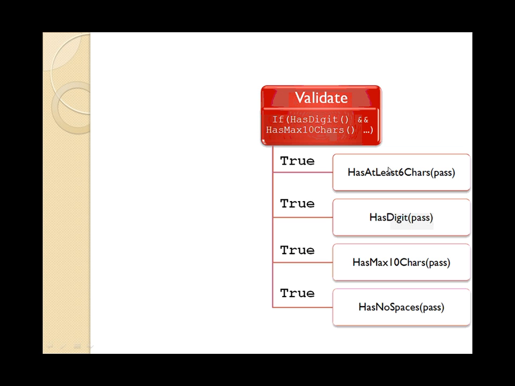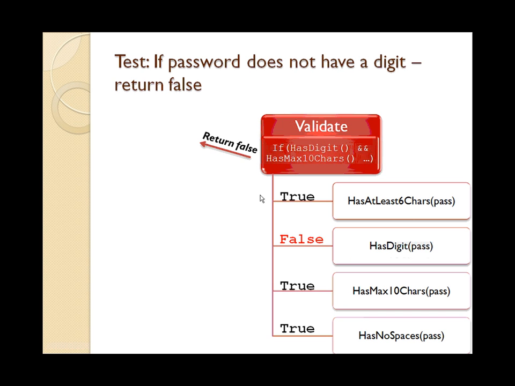The code uses all these functions, and the functions return true or false. And combining these values during the test and telling those functions what to return can actually make us test validate separately. So here's an example.